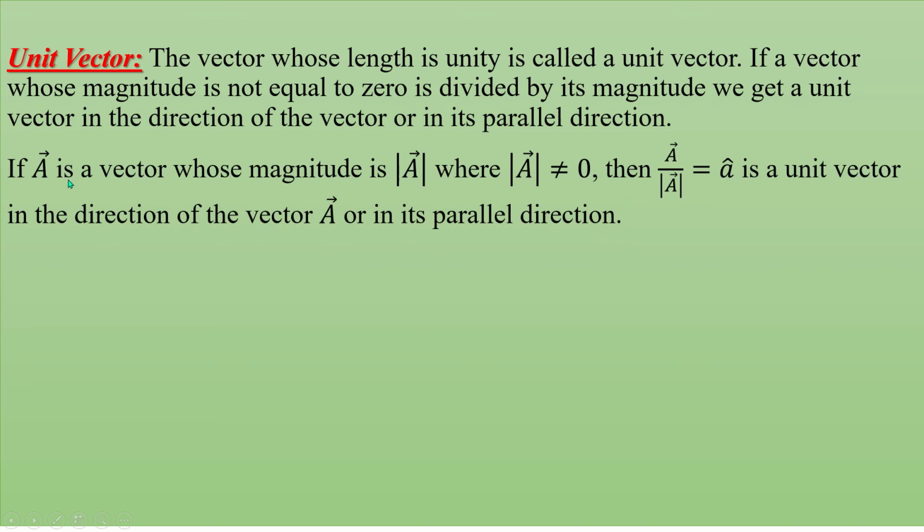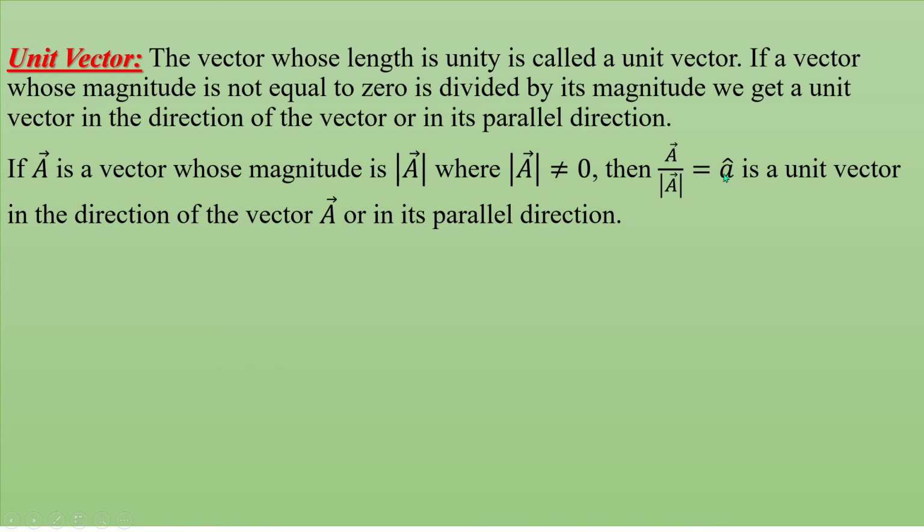If a is a vector whose magnitude, the absolute value of a, is not equal to 0, then the vector a divided by the magnitude of a equals the unit vector, which is denoted by small a hat, a unit vector in the direction of the vector a.